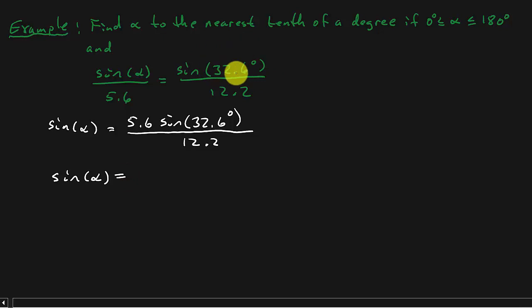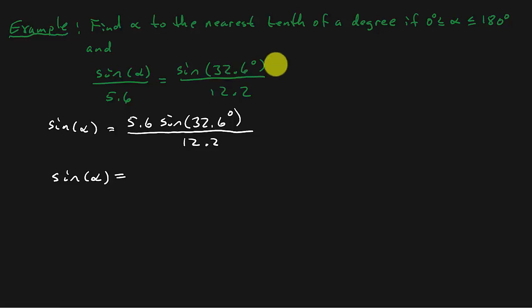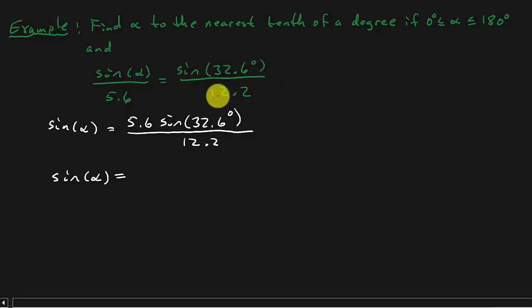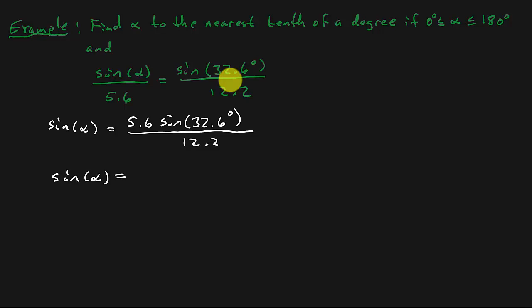You've just been working a bunch of problems in what? In radians. Make sure your calculator is switched to degrees. I see they want it in degrees, 0 degrees and 180, and this is in degrees. So we've got to take our time and switch our calculator back to degrees.